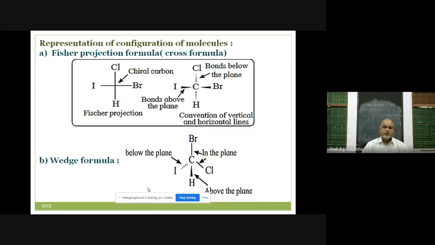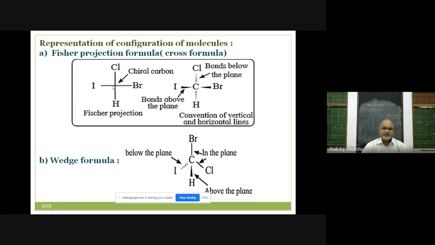Before going to any studies further, there are certain things which need to be understood very carefully. Now, these are the two representations. One is a Fischer projection formula and one is a wedge formula. Now, what do you mean by Fischer projection formula? If you see here, this is a central carbon atom, which I have said is a chiral carbon atom.